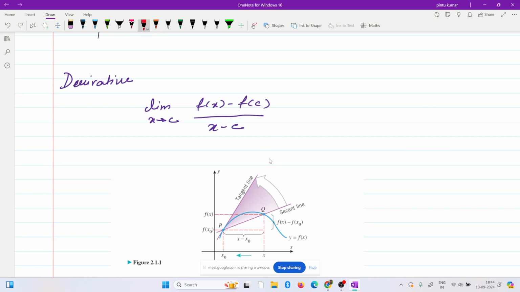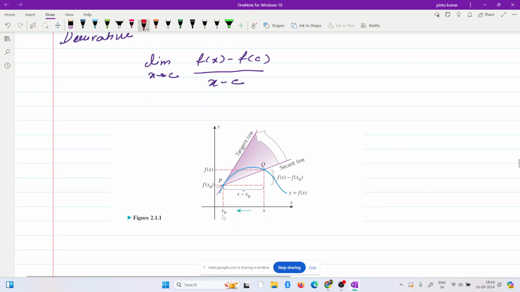So geometrically speaking, the derivative of a function at any point, let's say x naught, in this figure, we have x naught. If you draw a tangent line at this point, x naught comma y naught, this derivative is the slope of this tangent line.